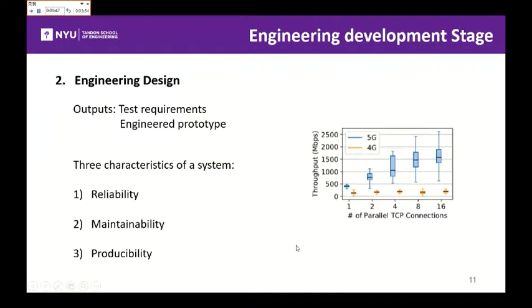And from the figure, we can see that 5G throughput is much more powerful than 4G system. And as the number of parallel TCP connections increased, the throughput also improves. And the reason for this improvement is that more connections will utilize the bandwidth fully.